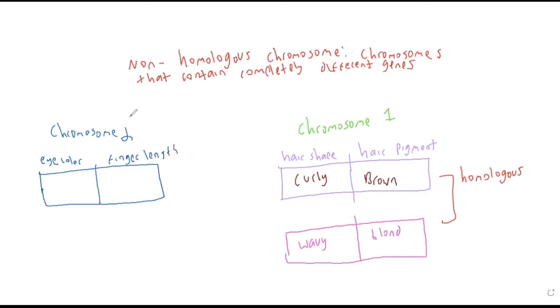So chromosome 1 and chromosome 2 would be considered non-homologous because the only thing that they have in common is that they're chromosomes. But they contain different genes. Sister chromatids are identical, they're clones. And homologous chromosomes are chromosomes that have the same genes, just different variants of them. Non-homologous chromosomes are two completely different chromosomes.